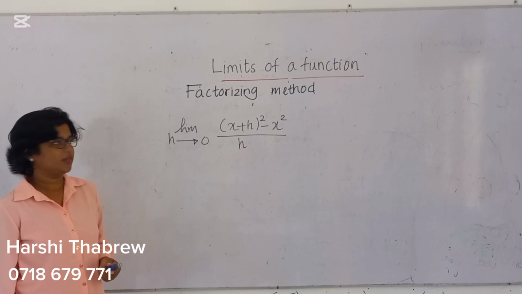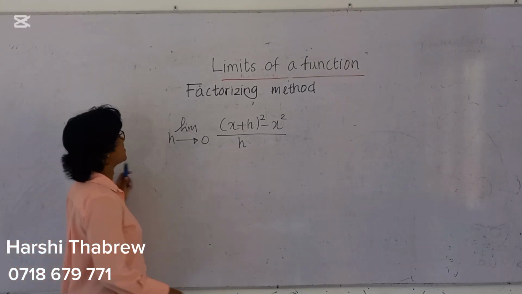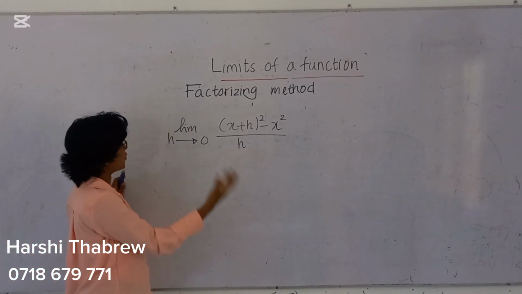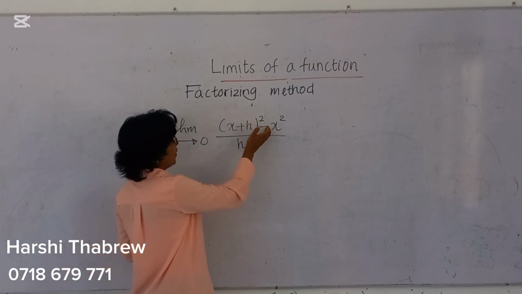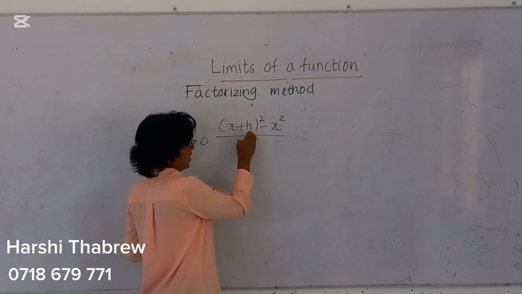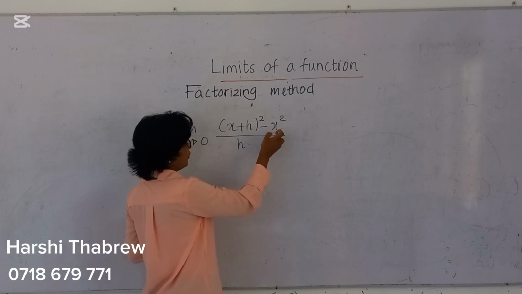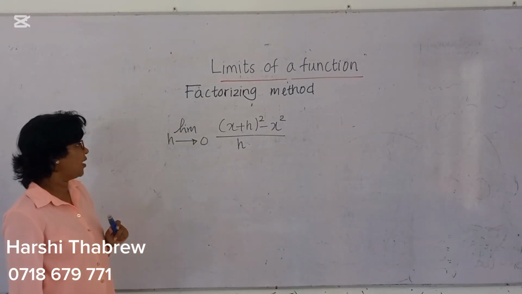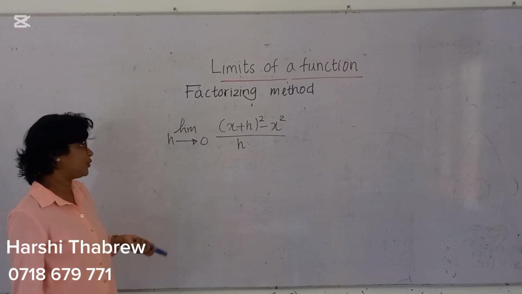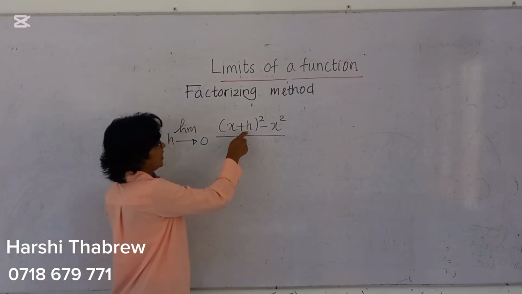Right? Okay, next question is, find the value of the limit as h approaches 0 of square of x plus h minus square of x over h. Now, what can we do for it? If we do the direct substitution, then h equals 0.